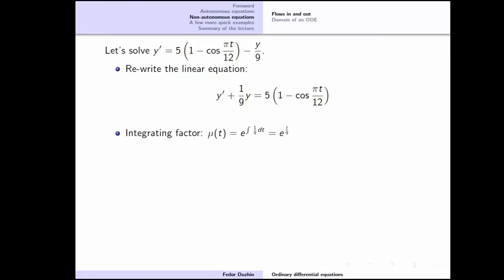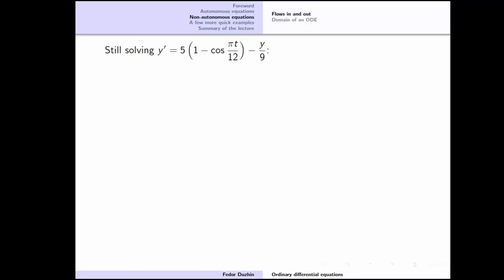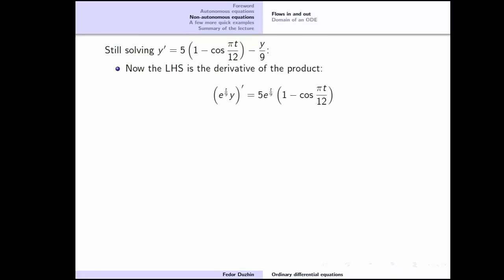Right, so in order to solve a linear equation we need to find the integrating factor first. Then we multiply by the integrating factor. Now the left hand side is the derivative of the integrating factor times the unknown function. So in order to solve the equation we need to integrate this very scary right hand side. It has the exponential function and the trigonometric function.